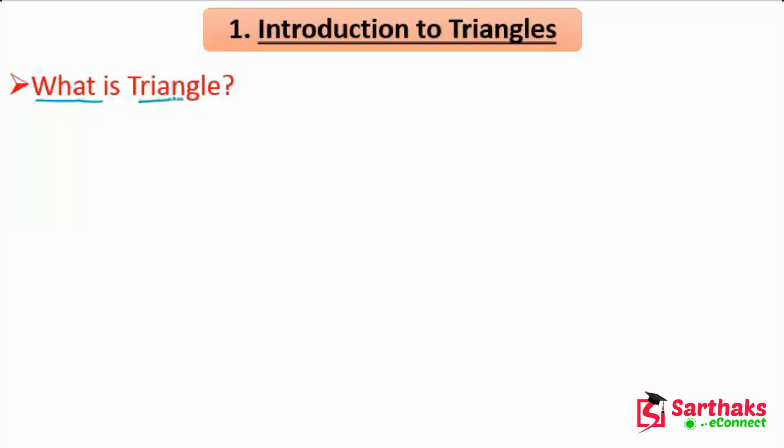You know very well, in geometry a triangle is a three-sided polygon, like this. It consists of three edges and three vertices.